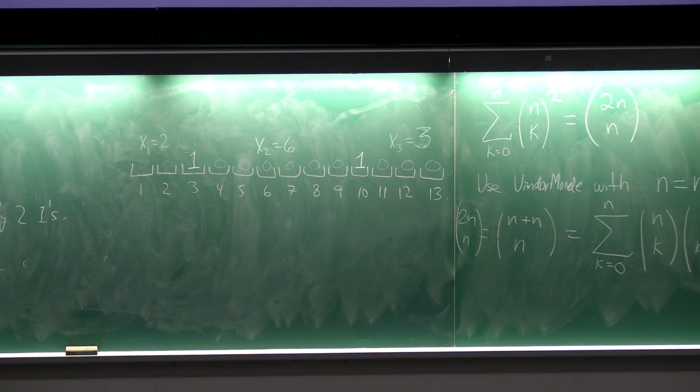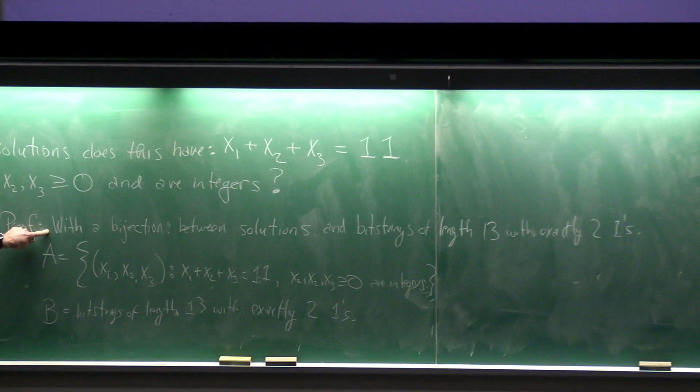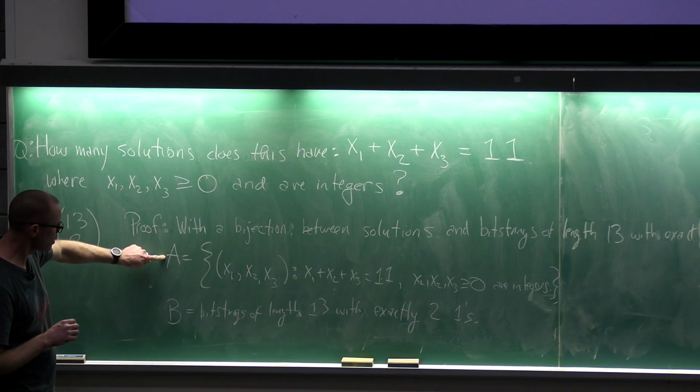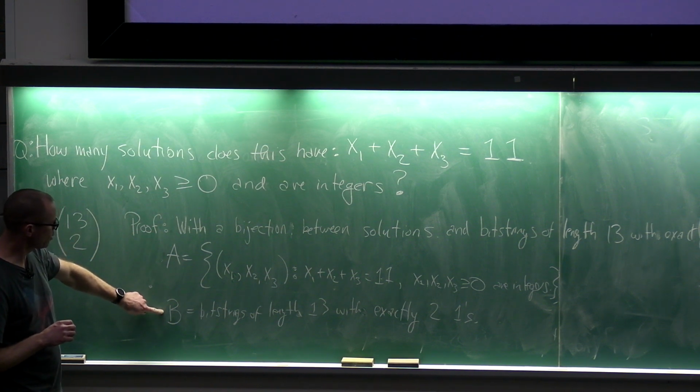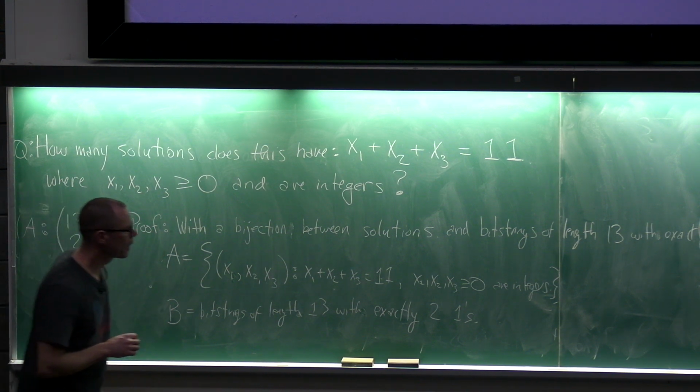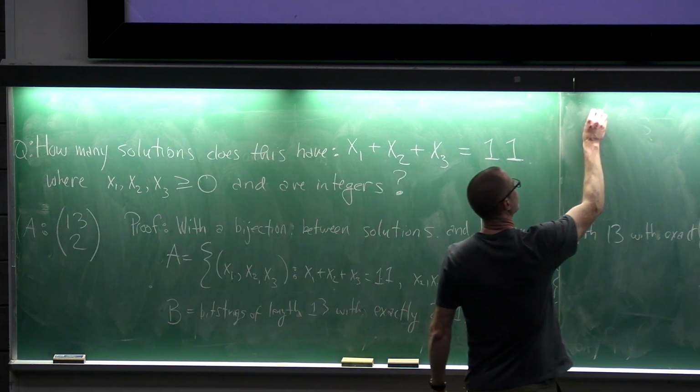All right, we have a little bit of time, so let's be precise. We're supposed to define a bijection between the solutions in A and the bit strings in B. So that bijection looks like this.